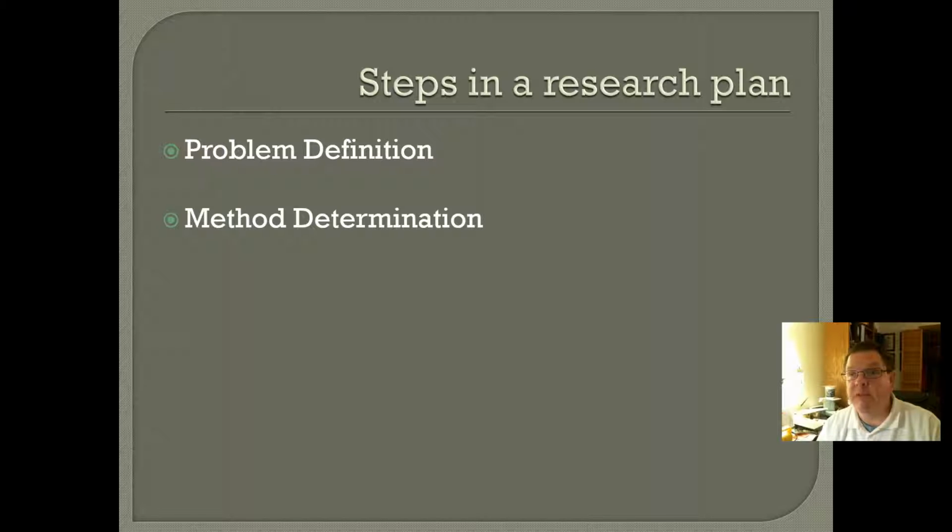Maybe we only have time to do one, maybe we can do two, maybe we don't want any ambiguity, so we're willing to pay the cost in money and in time to get all three done. So we've got to determine the method that we're going to use.